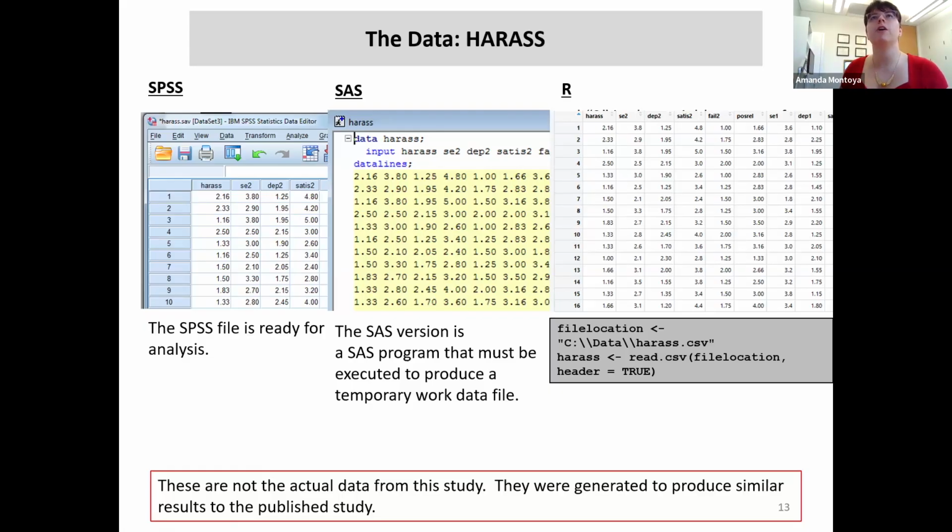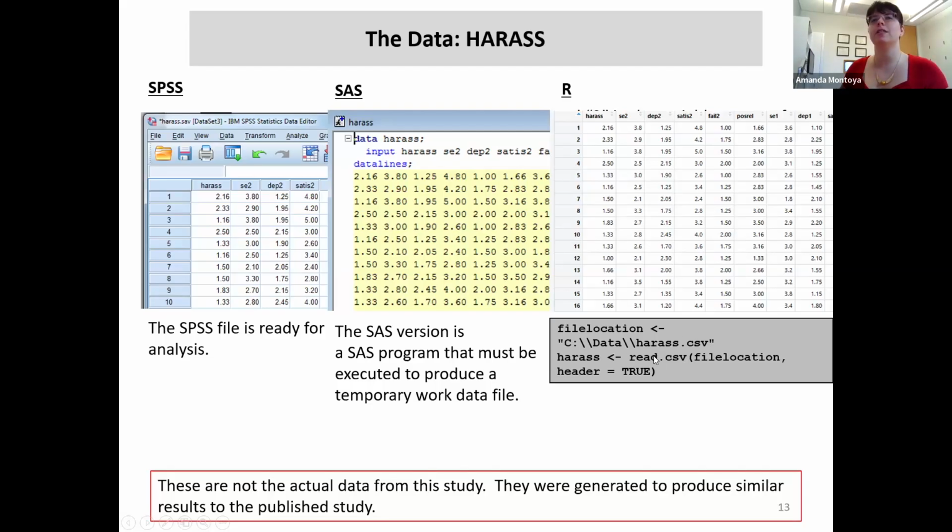And for our R users, there are a lot of different ways to read in files in R. If you have a preferred way to do it, you're more than welcome to. Otherwise, the method that I recommend is you can save the location of where this data set exists within your computer. You will have to change this depending on where the data set is on your computer.